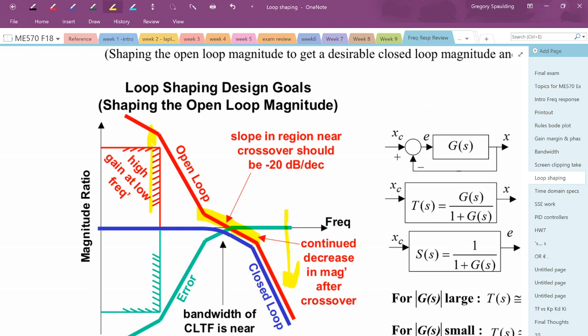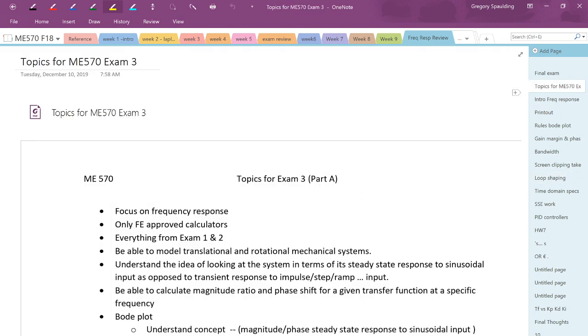And so with those three parameters, and we shape that with our tools, our zeros, poles, and gain, we can reshape the open loop to give us the best closed loop for our application. And so want to make sure about that.